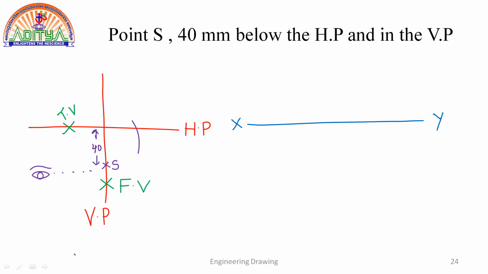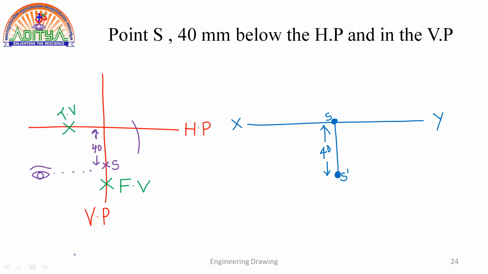So here we are getting the top view, denoted with small s, on the reference line, and below it the front view, small s dash, at a distance of 40 mm. Clear?